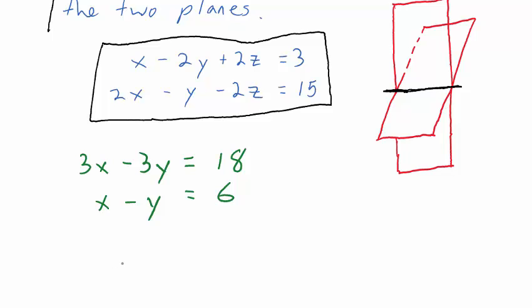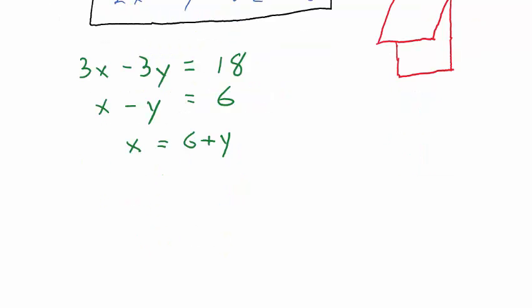So I could pretty easily put this equation in terms of either x or y. Let me put it in terms of y. So I get x equals 6 plus y. I'm letting y act like my parameter here. Now I have x in terms of y, and y equals itself.